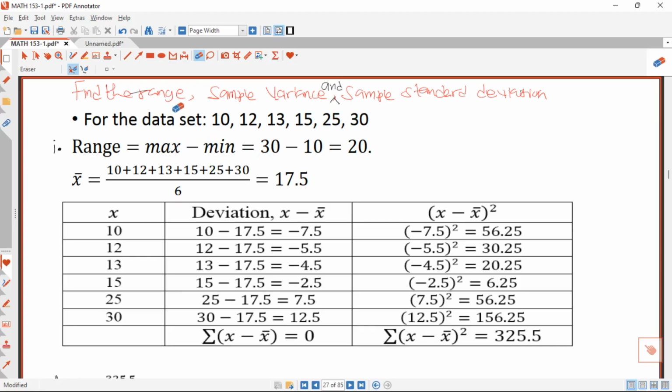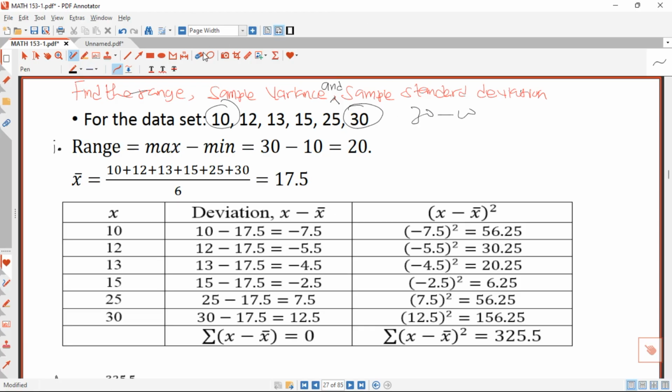So our first question was to find the range, and in the explanation I told you that the range is just the difference between the maximum and the minimum number in a given data set. So I'm just going to locate the maximum number. We can see clearly that the maximum number of this data set is 30, and the minimum is 10. So here I'm just going to subtract 10 from 30.